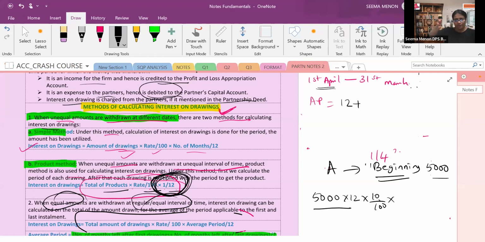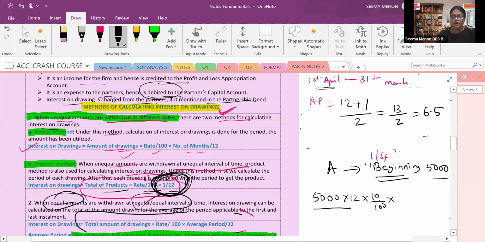Every month's beginning, 1st April, 1st May, 1st June, and so on. Last is 1st March. From 1st March to 31st March, how many months are left? 1 month left. So, upon 2, that means 13 upon 2, that means 6.5 is your average month. So here you will write 6.5 upon 12.